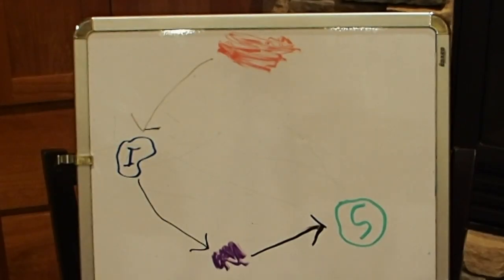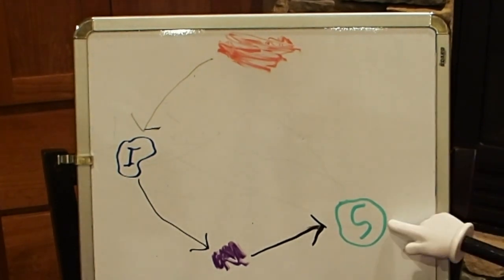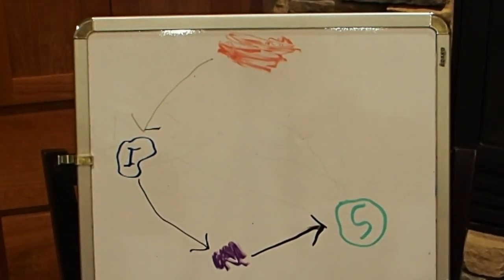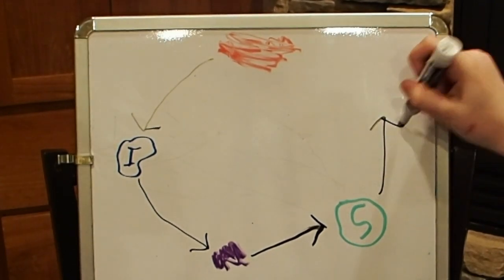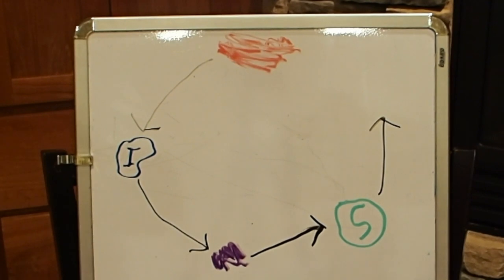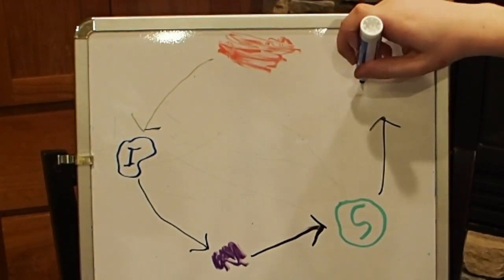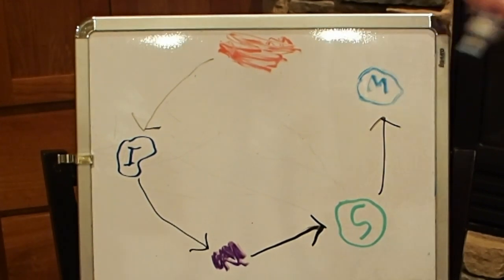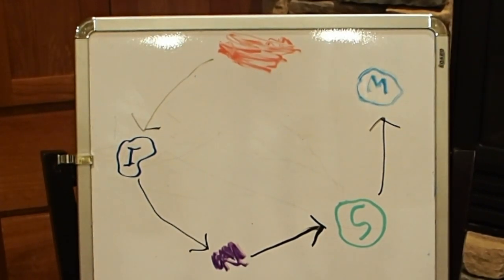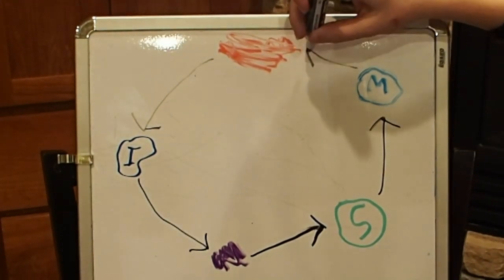There's our sedimentary rock. After you have the sedimentary rock, when heat and pressure are applied, it turns into metamorphic rock. And then when metamorphic rock melts, it turns into magma.